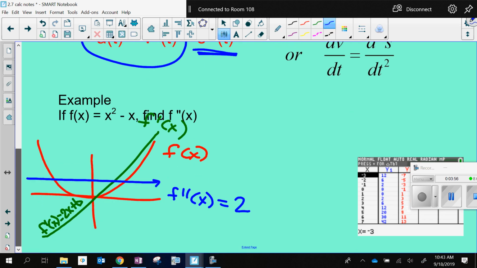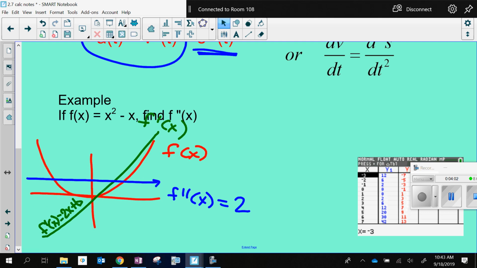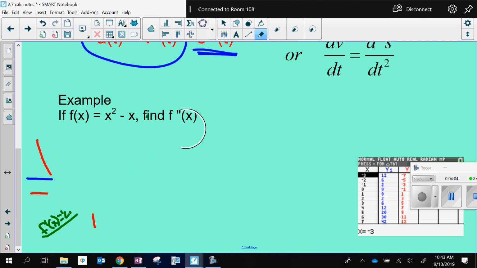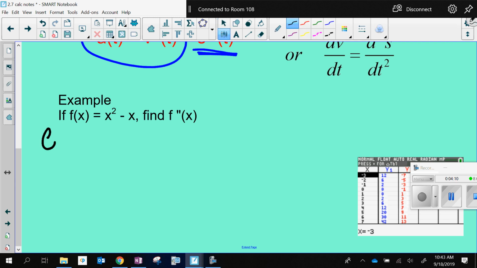All right, so let's start an example here. It's going to take us a little bit. I'm just going to erase that. All right, let's find f prime of x. I feel like we did this in this lesson already. Does that look familiar to you?